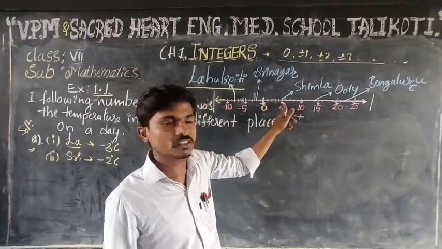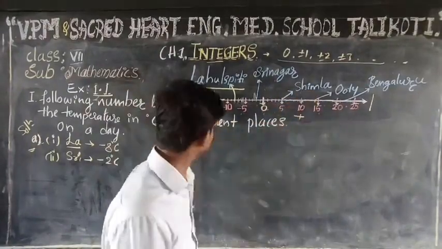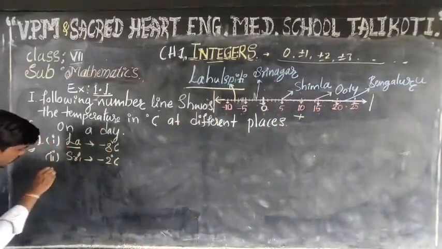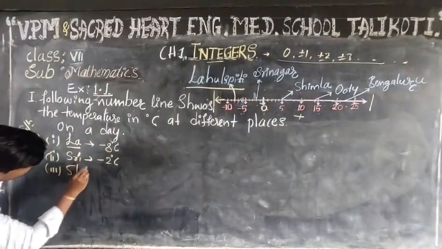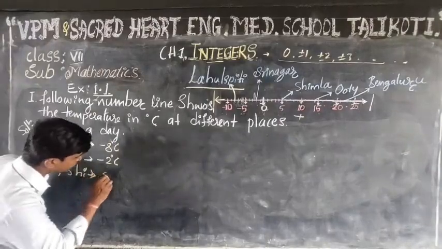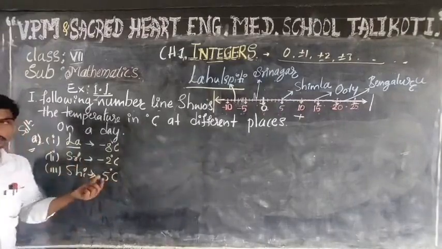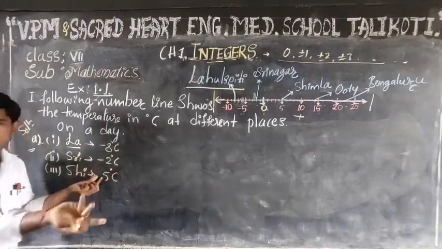What is the temperature of Simla? That is plus 5 degrees Celsius. Third one, which place? Simla. What is the temperature of Simla? 5 degrees Celsius. It is not necessary to mention a positive sign.